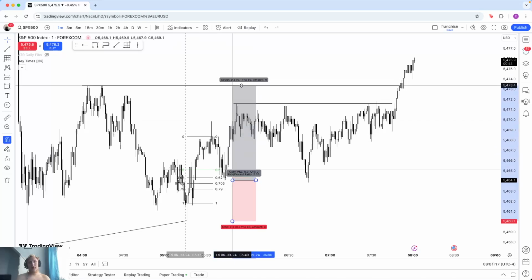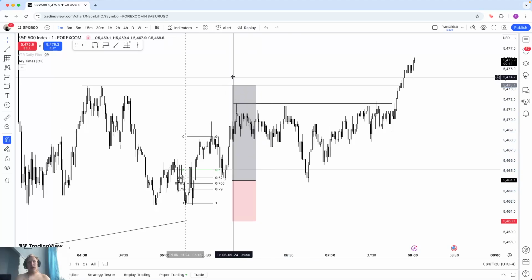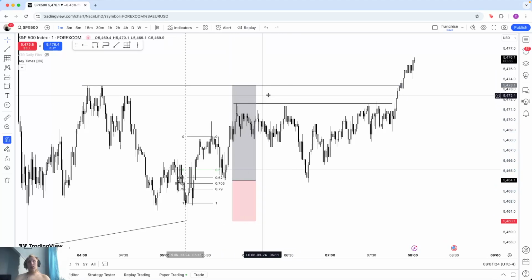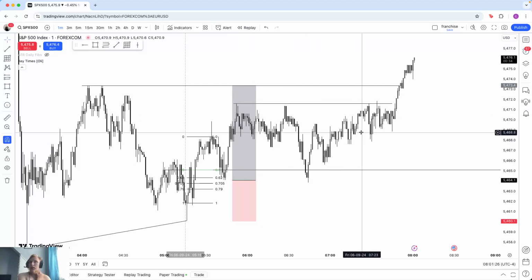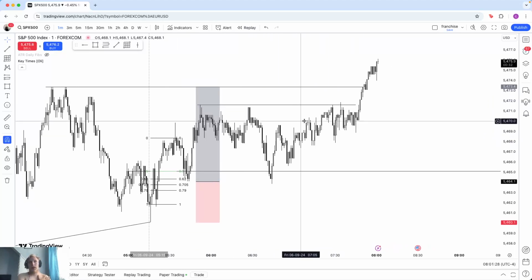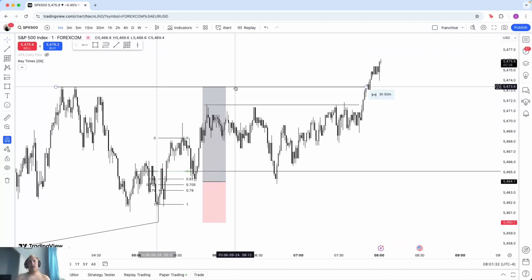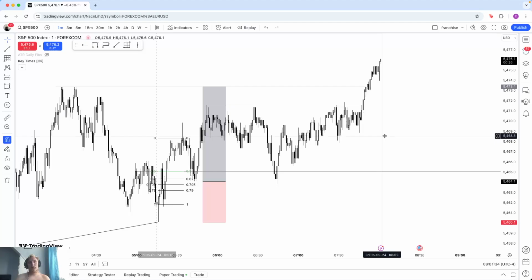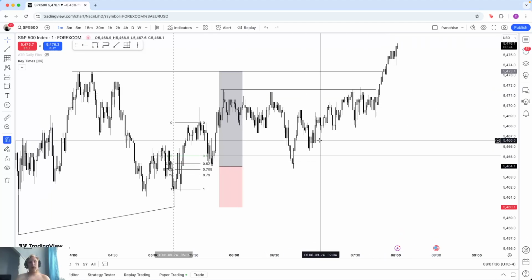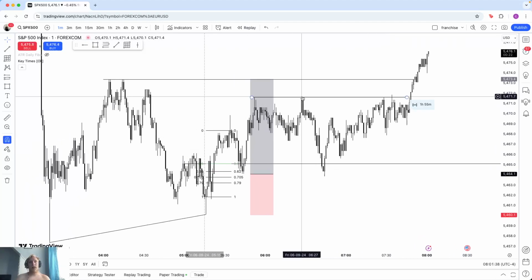And the ultimate draw would have been here until 5:52, where we create minor liquidity, which we then either partialed or took out if we didn't trust this high, which you shouldn't have because it was the cleanest equal highs I've ever seen in my life.